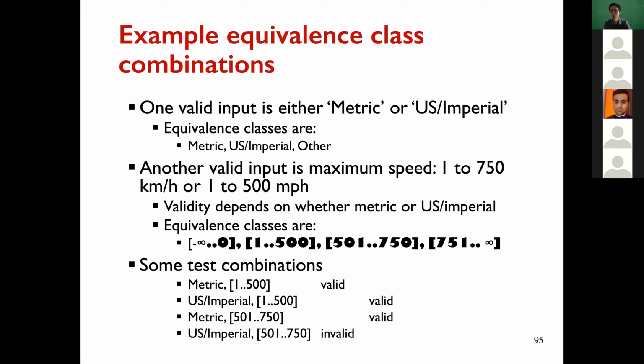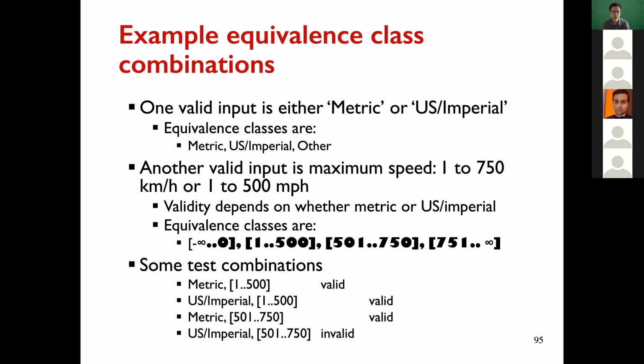So we have 2 inputs. How can we choose the combinations of them? The first rule is to make sure each equivalence class of each input is covered, right? Then we test the related ones. For example, we would choose such combinations. For metric, we choose one from 1 to 500, which covers one partition from each input.